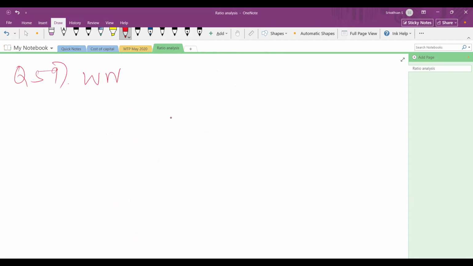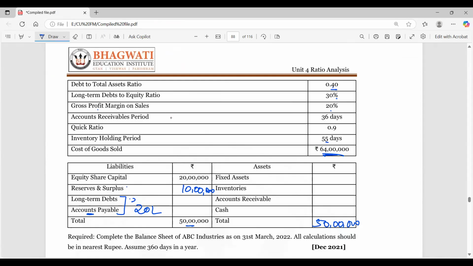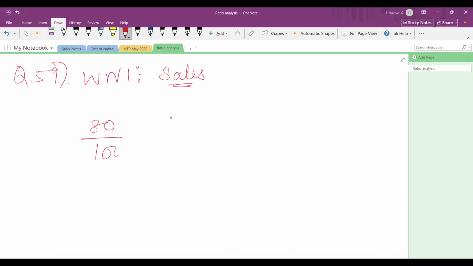Working note number 1. Sales. COGS is given as 64 lakh. Gross profit is 20%. So say cost of goods sold is how many percentage of sales? In this question, COGS is 80% of sales.